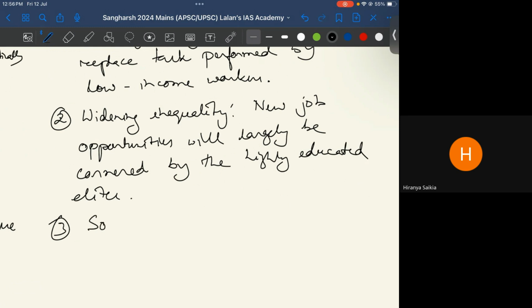There is a concern of social engineering. Social engineering মানে কি জানেনে? Do you know what is social engineering? Social engineering means you are trying to change the dynamics of society through your access to information and data.